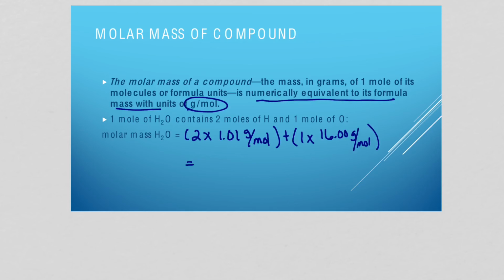If I add all this up, just like I saw with the formula mass, which was 18.02 AMUs, the molar mass of water is going to be 18.02 grams per mole of water. So applying the same concepts we just did for elements, we can apply them for compounds as well.